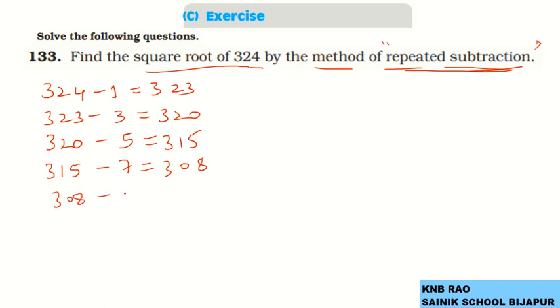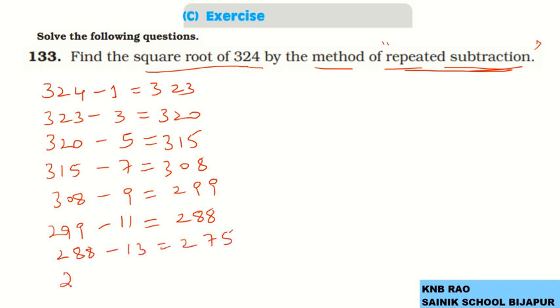From 308, 9 is subtracted, it results in 299. From 299, 11 is subtracted, it gives 288. From 288, 13 is subtracted, it gives 275. From 275, 15 is subtracted, it gives 260.